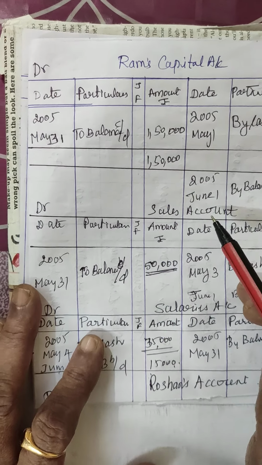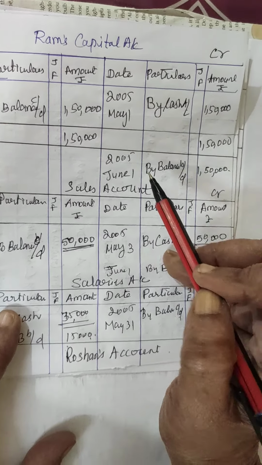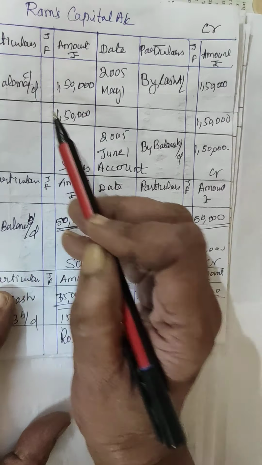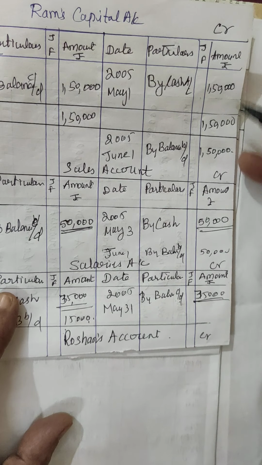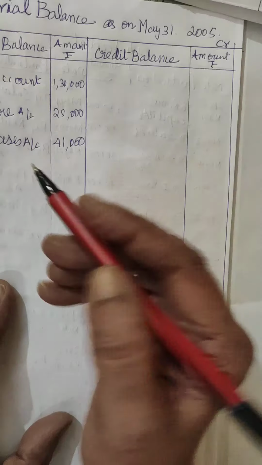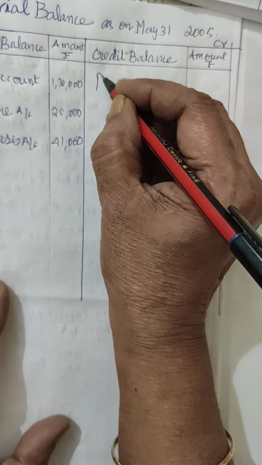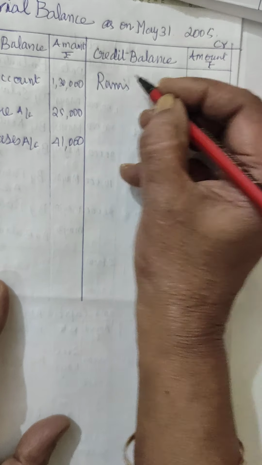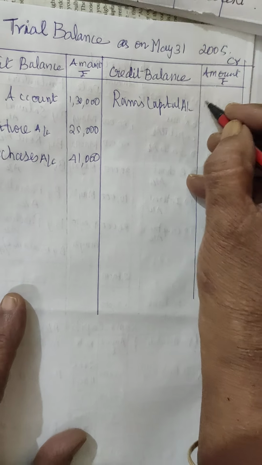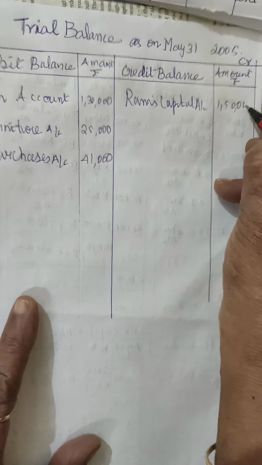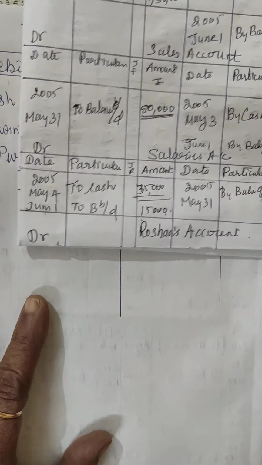At the end of the month, it is carried down, and at the beginning of the next month, the balance brought down is 1,50,000. So credit side we are writing 1,50,000 for Ram's capital account.